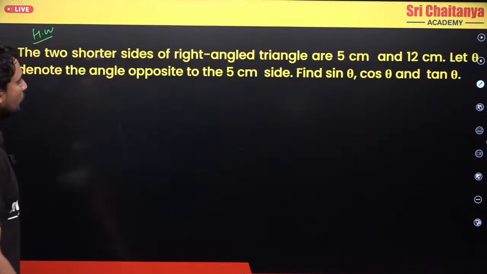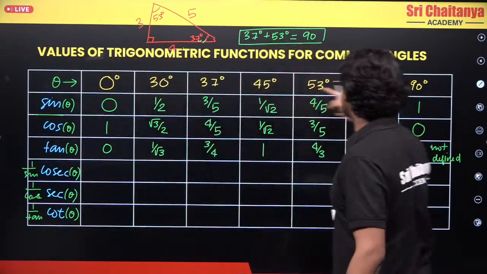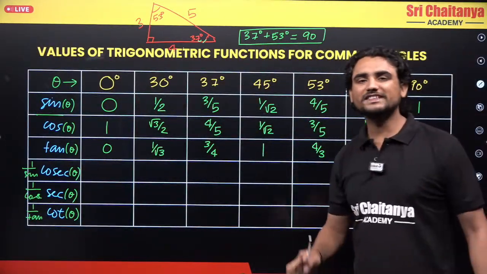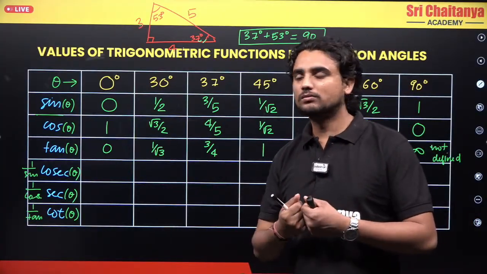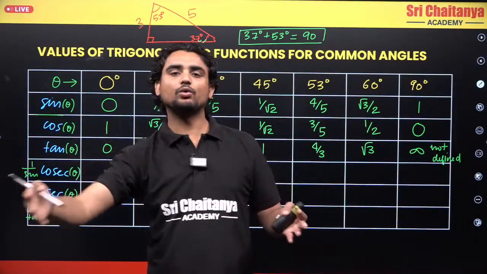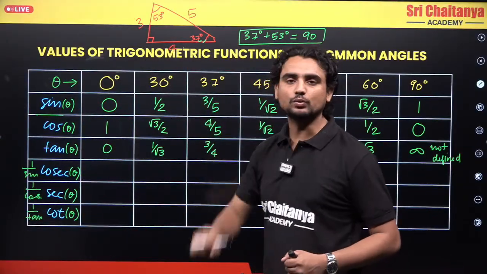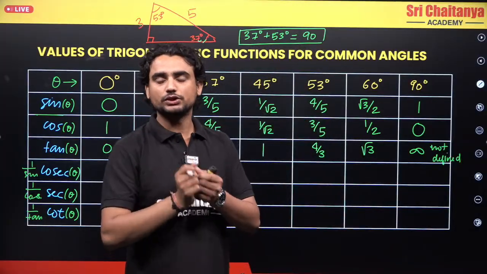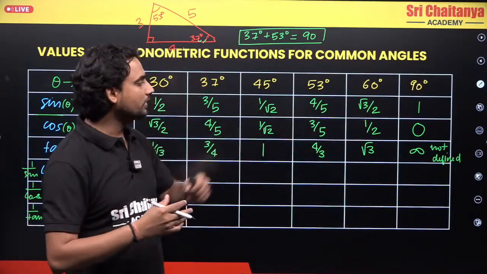If I go to my table, do I see 75 anywhere? No, I don't see any 75 degree here. So this will be an issue for me. There are so many angles from 0 to 90, I will not go and learn each and every angle. What did I tell you? This table is sufficient for you. So if this table is sufficient, how will I be able to find 75 degrees, because 75 is not here?